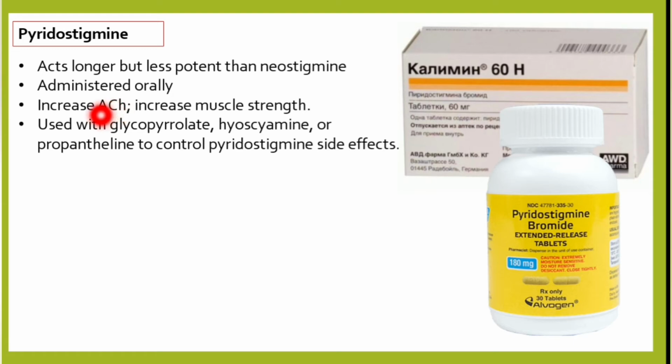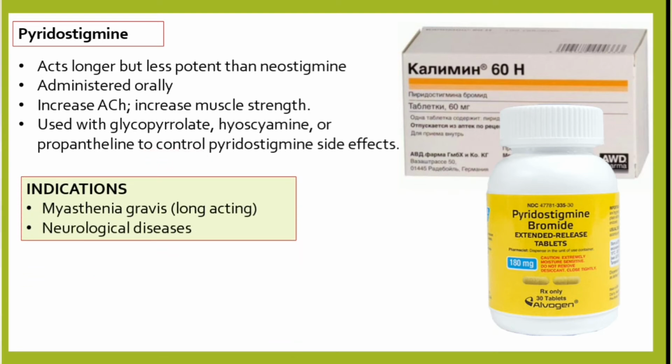But in addition to that, pyridostigmine also increases muscle strength. This drug is used together with glycopyrrolate, hyoscyamine, or propantheline to control the side effects of pyridostigmine, right? And the main indications include myasthenia gravis, and it's long acting, and is also used in neurological diseases.